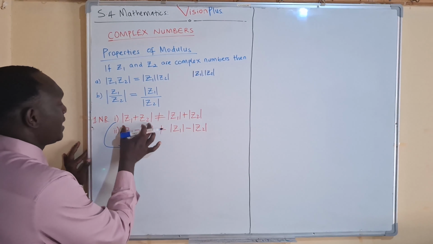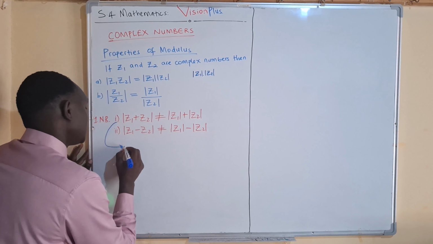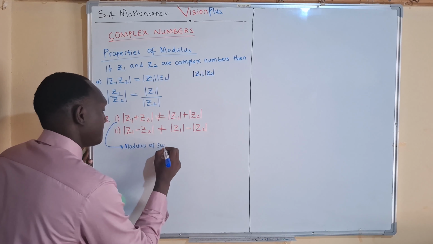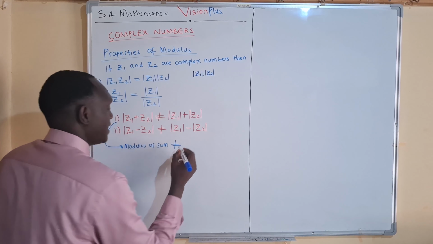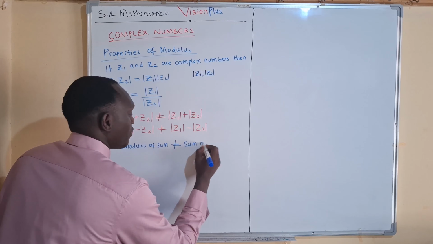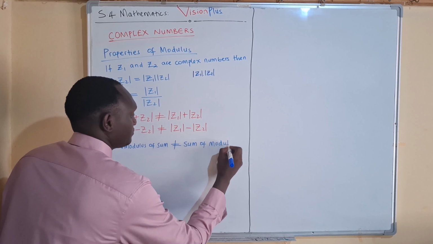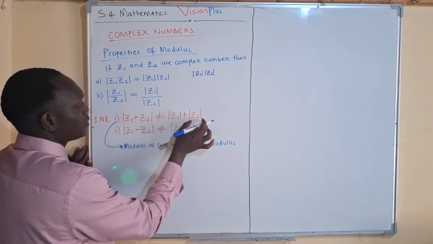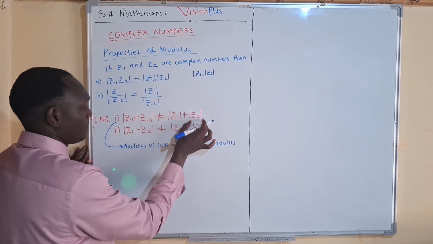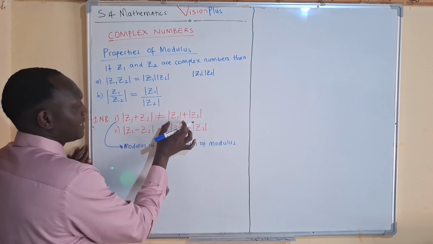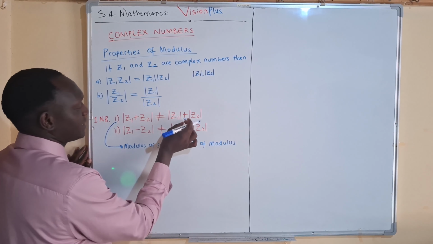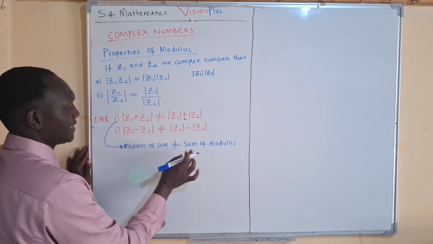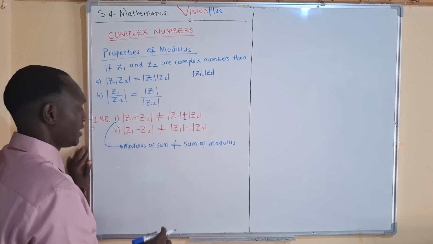So the modulus of the sum is not the same as the sum of modulus, because here you are adding the modulus of Z1 to the modulus of Z2.